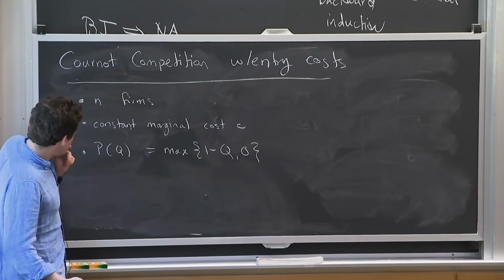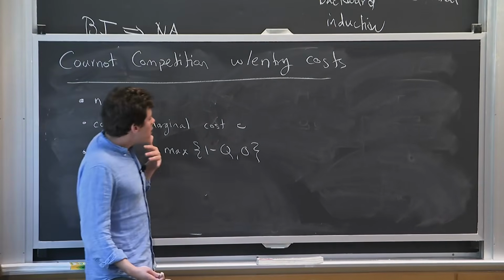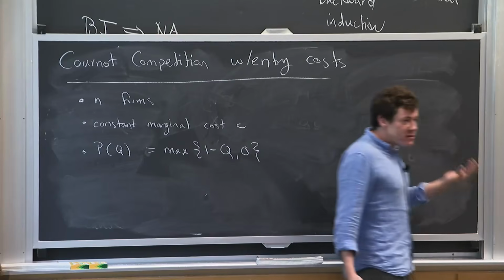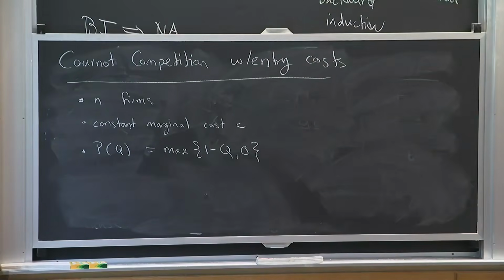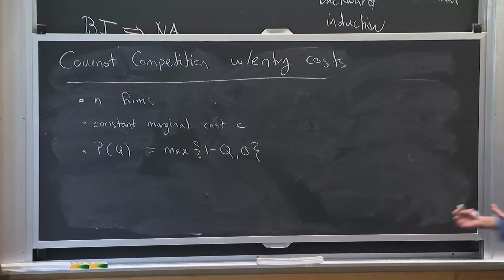But now the key difference is that the firms can't just produce immediately. They have to choose whether they want to enter this industry. So, I can't just produce corn at my farm today, I have to first buy a farm and start entering the market and decide that I'm going to become a farmer, right?